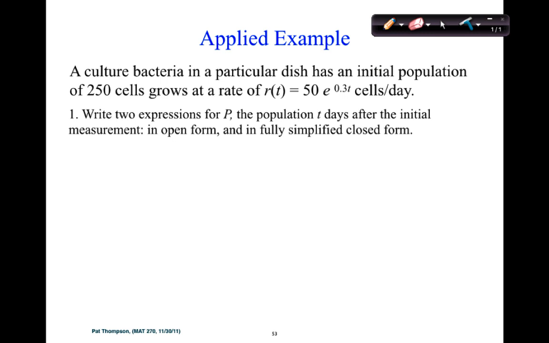One of those, we write that p function in open form, and then in fully simplified closed form. Open form is what we've been working on the past month, all semester. And now we have this way of starting to rewrite these net accumulation functions in a closed form. So then we're going to apply that.